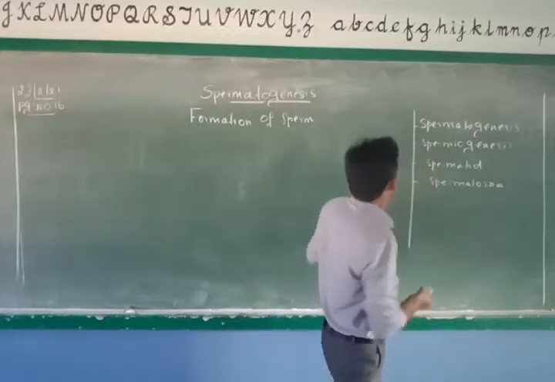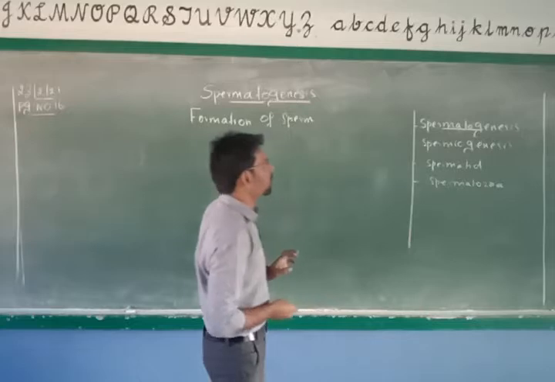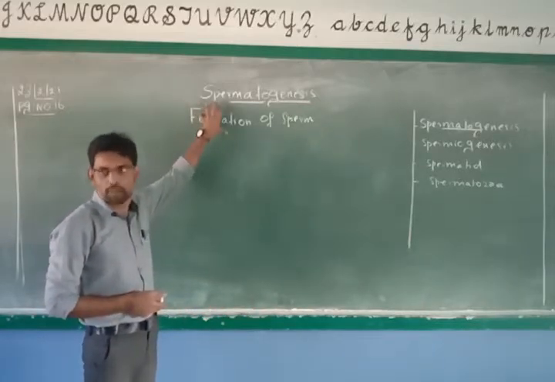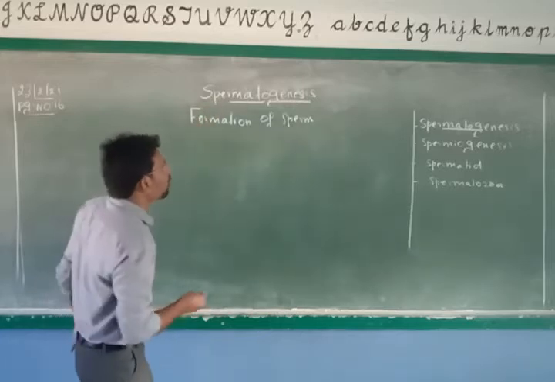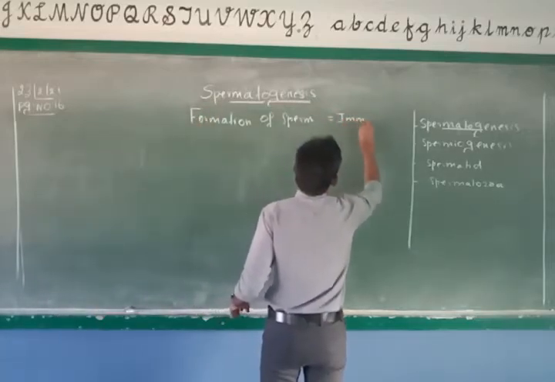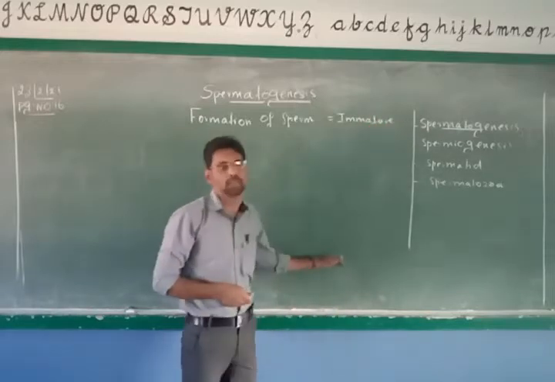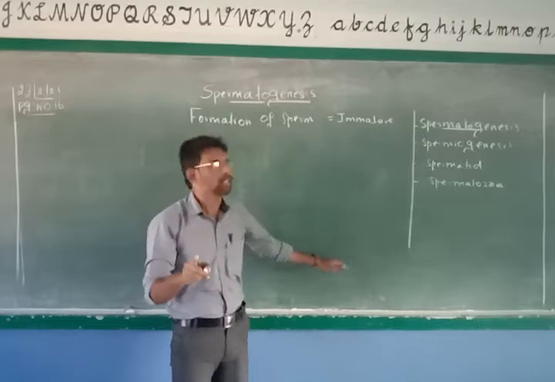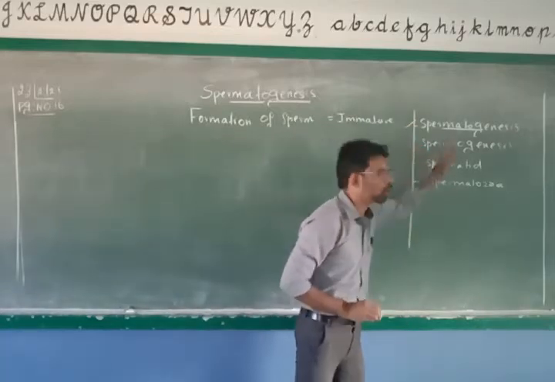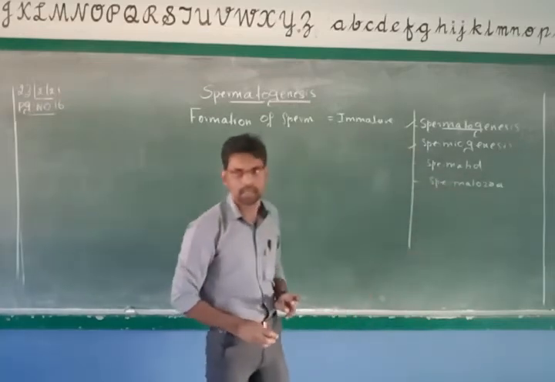Okay. Now we will concentrate on spermatogenesis. Spermatogenesis is the production, the formation of sperm cells, but it is always an immature process. This immature process will get into a maturation process. So the immature process is spermatogenesis, and the maturation process is called spermiogenesis.